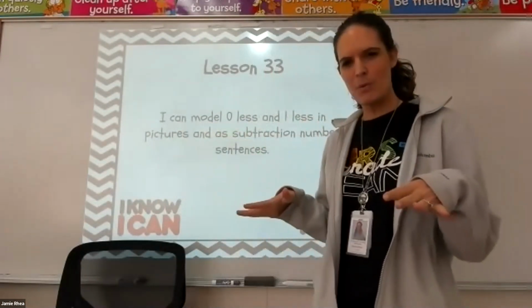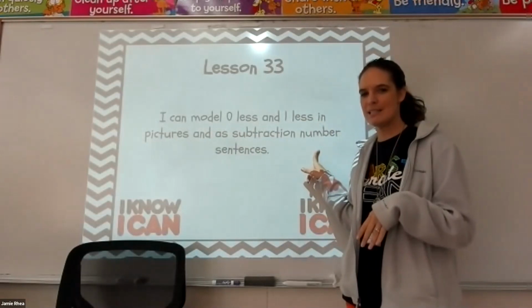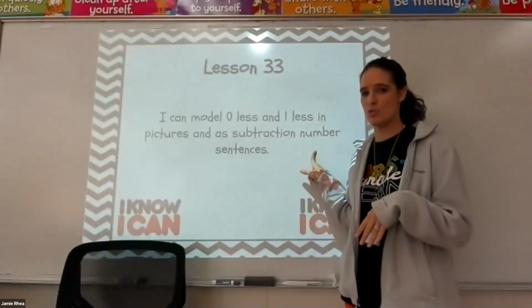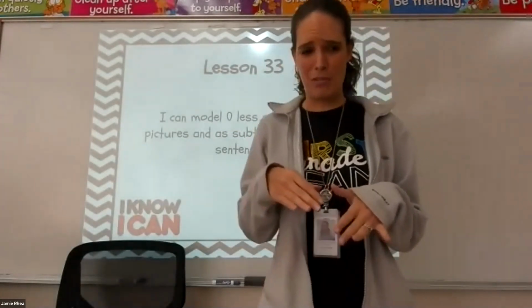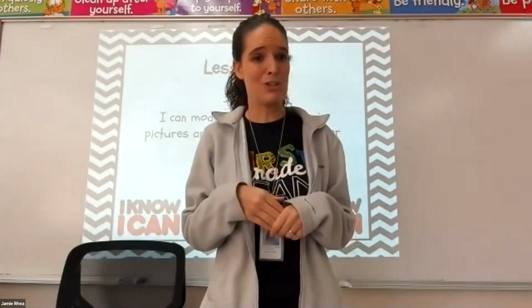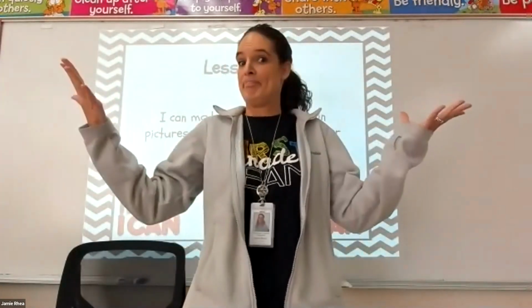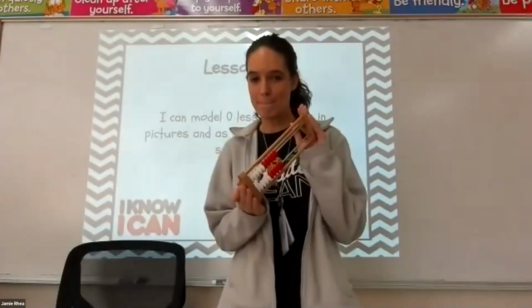Okay, so today we're going to step back a little bit from what we've been doing. And we're going to talk about how I can model 0 less and 1 less in pictures and as subtraction number sentences. Now, in our video today, it's going to tell you you need a Rec and Rec bracelet. We don't have those because we're at home, and that's okay because I've got my Rec and Rec.